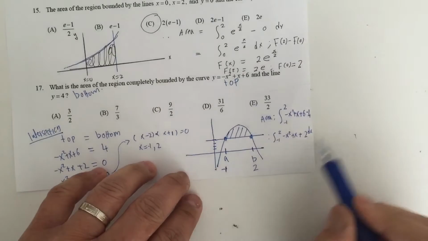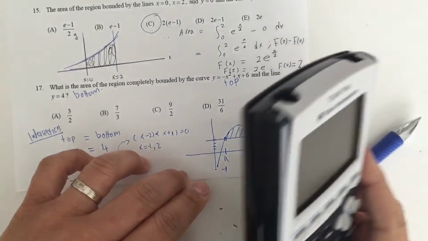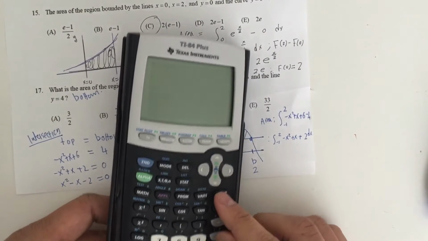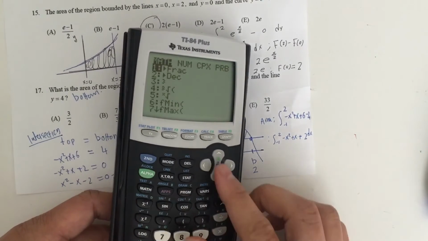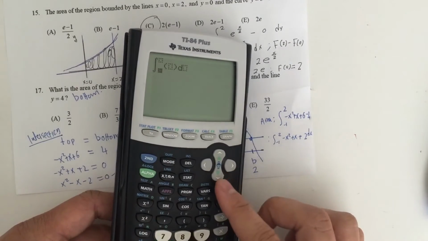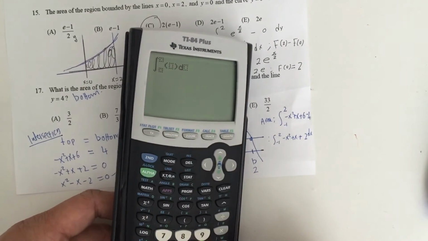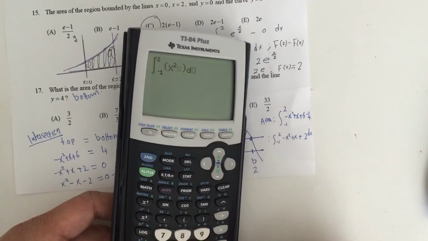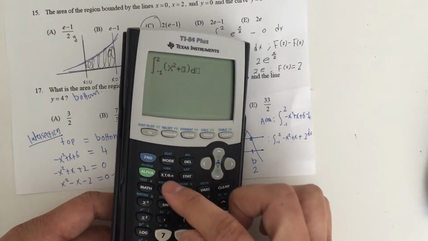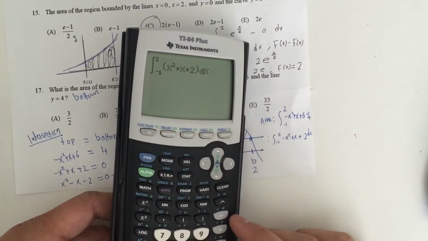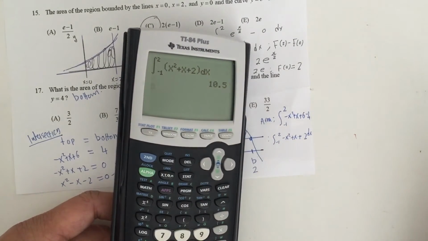We can either do this by hand or do it on a graphing calculator. This would be a typical by hand problem, but I'm going to show you the answer through a graphing calculator so that we can save time. So the integral from -1 to 2 of x squared plus x plus 2 dx, and that's going to give us 10.5.